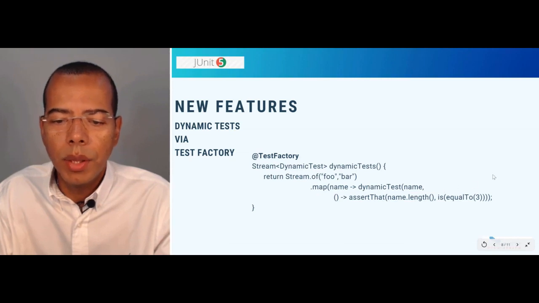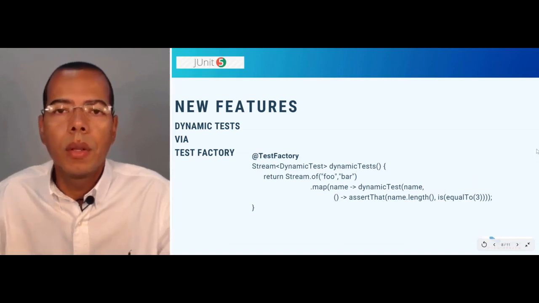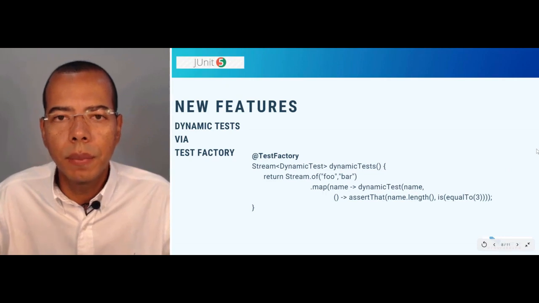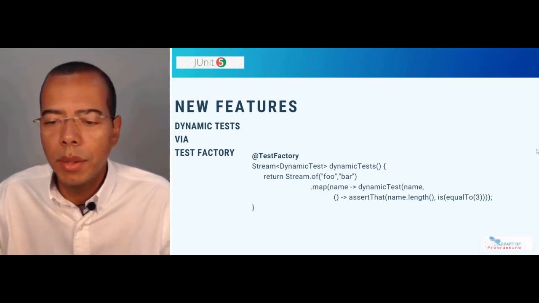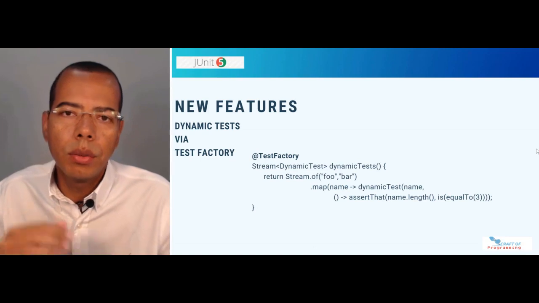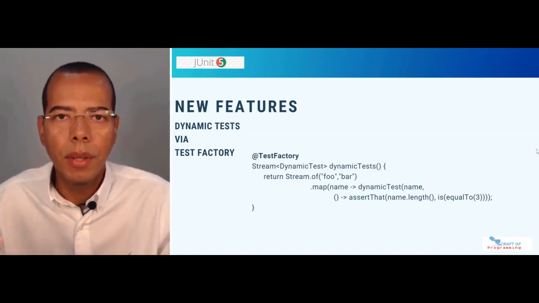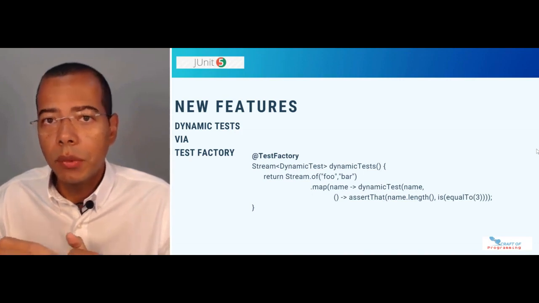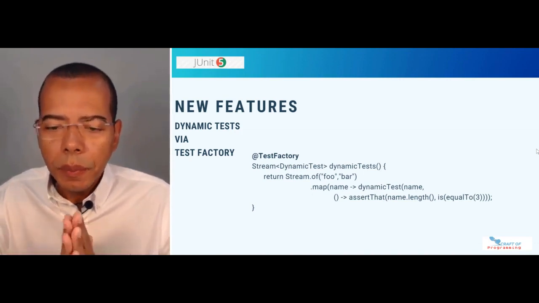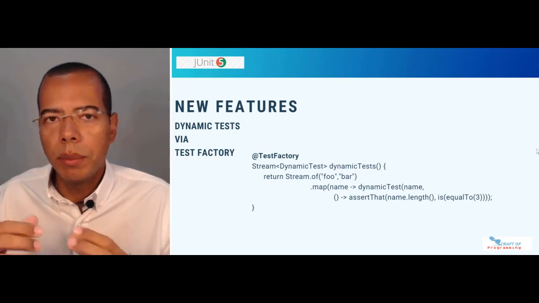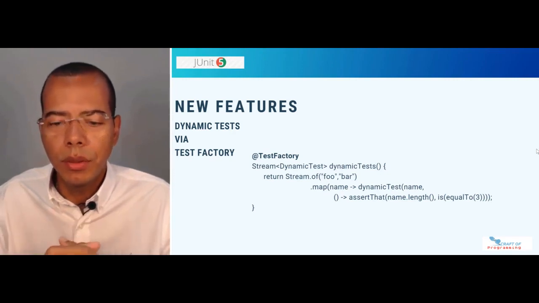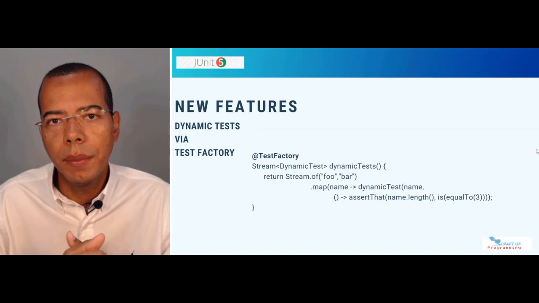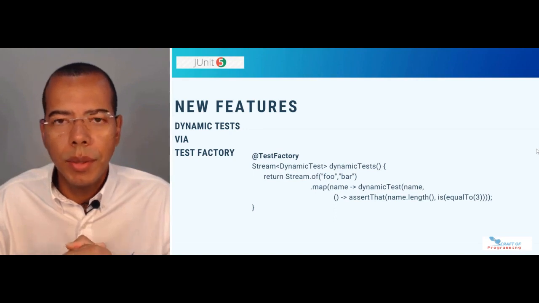What I'm doing here is just asserting that the length of this test name is equal to 3. So this is going to generate two dynamic test methods, one named foo and the other named bar, and the body of each of these two test methods contains this lambda, which asserts that the test name length is equal to 3.